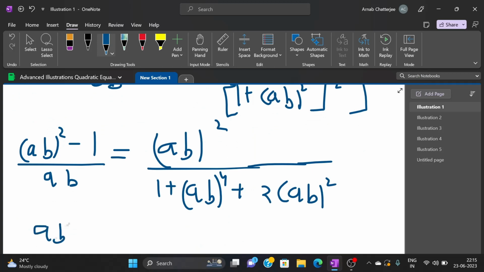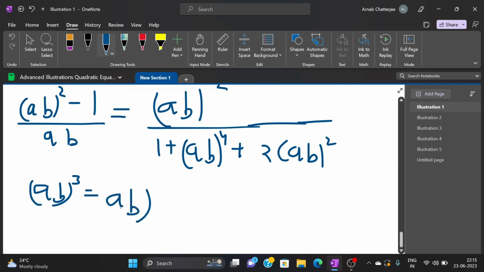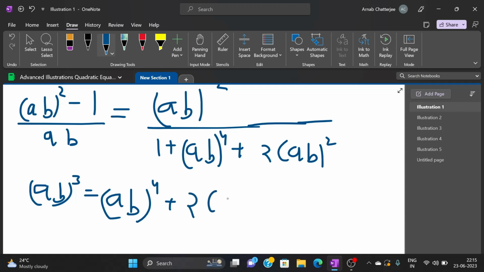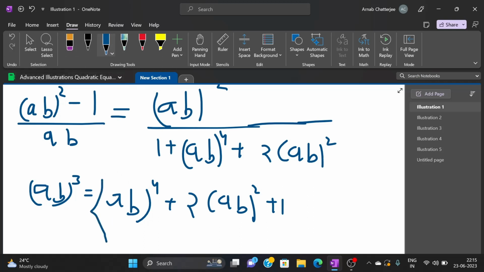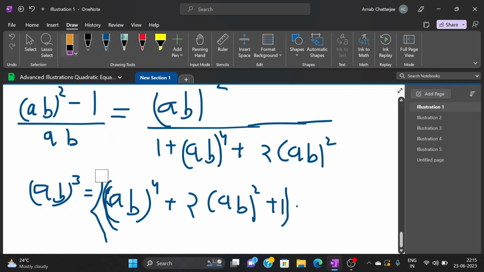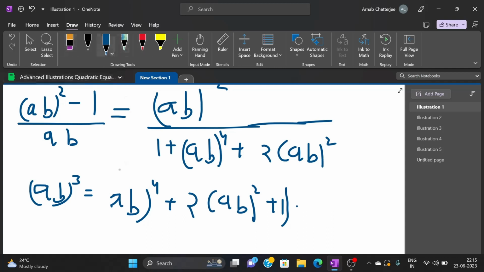So we have (AB) whole cube equal to (AB to the power 4 plus 2 times AB square plus 1) multiplied with... it is a very difficult task to make these brackets. Okay. So this thing, AB to the power 4 plus 1, multiplied with (AB) whole square minus 1.